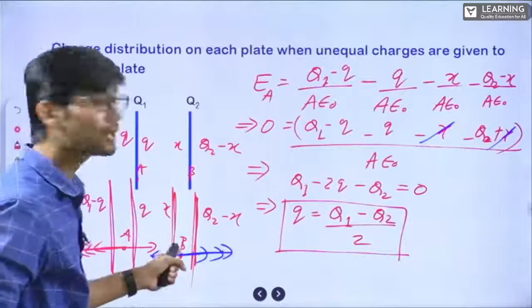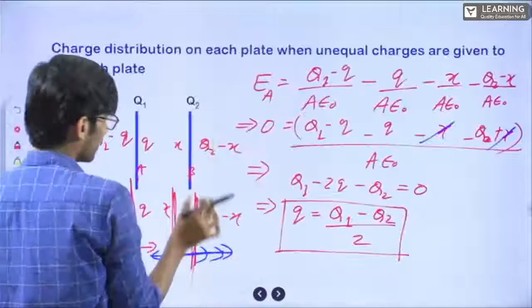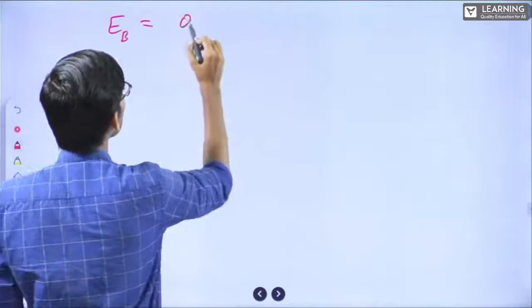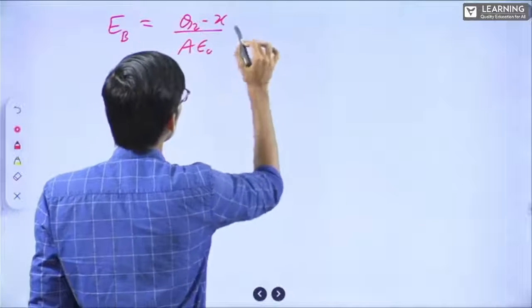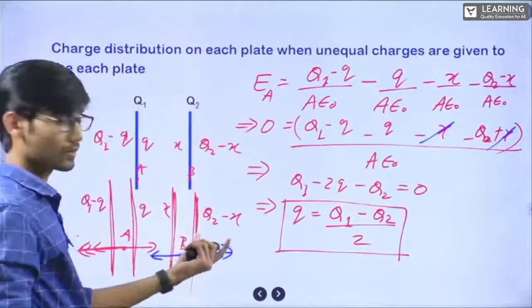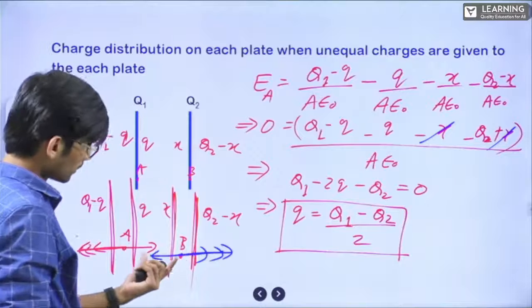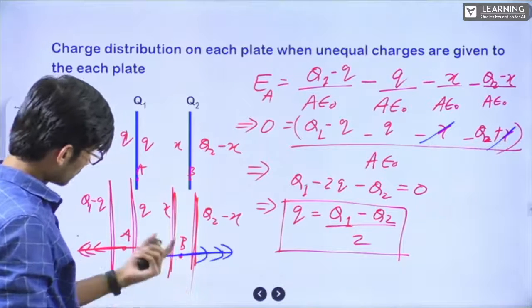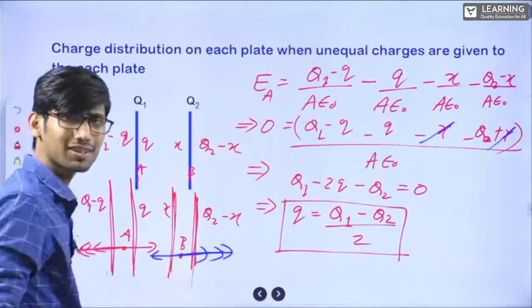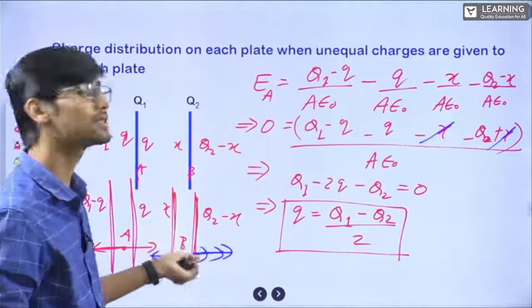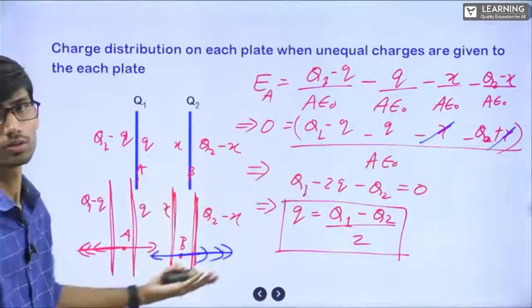So now, I am writing E at B, that is Q2 minus X upon A epsilon naught, minus, okay, due to this charge. Now this time I am taking this direction as positive. Now that is up to you. Anyways, since it is equal to 0, it doesn't matter.